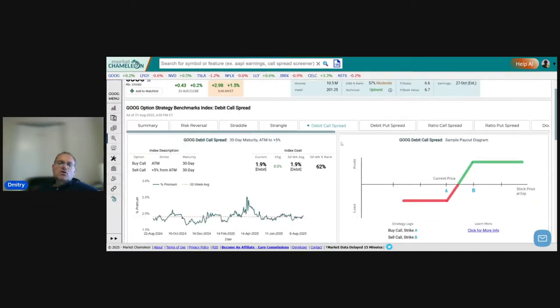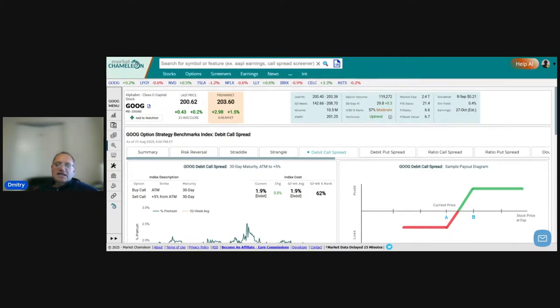And when we look at a call spread, we still have to define a couple of things of what we're benchmarking, right? Because we could look up call spreads, but the call spread could be 7 days to expiration, 10 days, 9 days. So we need a constant maturity. What are we tracking?